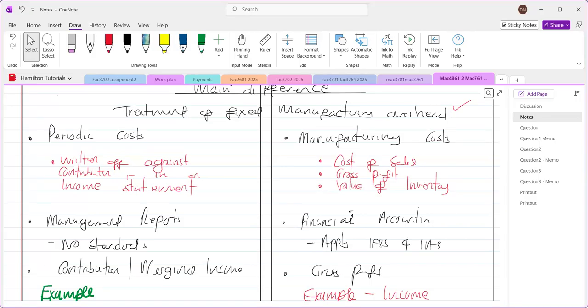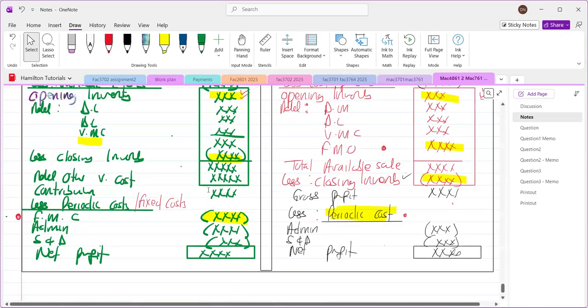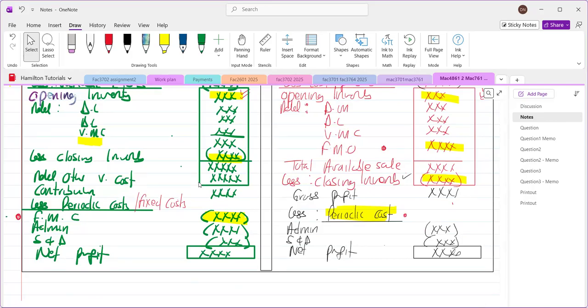The examiner wants to know if you've got in-depth understanding of whatever it is that you are dealing with. So it is equally important that you can actually describe the differences. If you can't do the notes from the head, you can have trouble in the exam because they can ask you, in a few words, to describe the differences in the treatment of the fixed manufacturing overhead cost between variable costing and absorption costing.